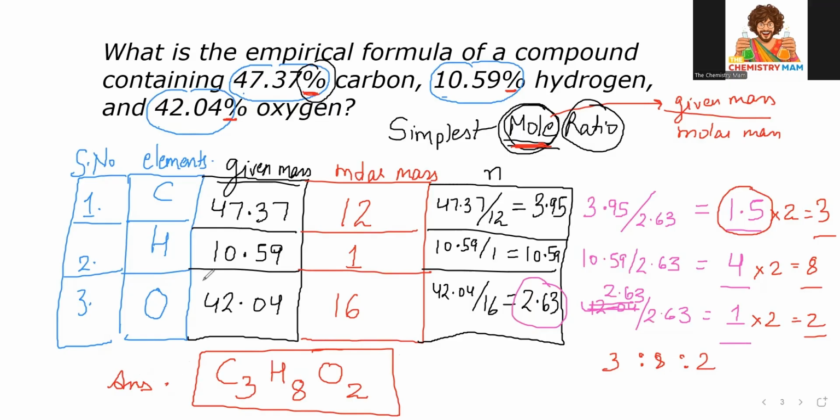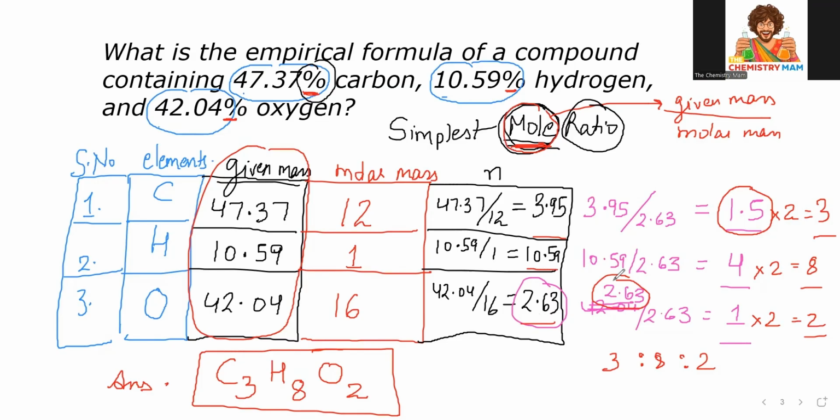Understood? So again, repeating, the idea is to calculate the moles. For moles, if you have been given mass directly in terms of grams, well and good. If you have not been given the masses, then you try to figure out the masses of the elements. And if you're unable to figure out, then if they have given percentages, just assume the percentages as given masses. Divide them by molar masses using the periodic table, and then calculate the moles. And when you are taking the ratio, remember to divide the moles calculated by the smallest number of moles.